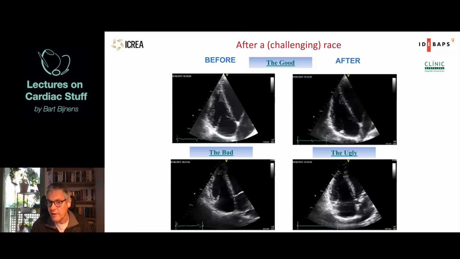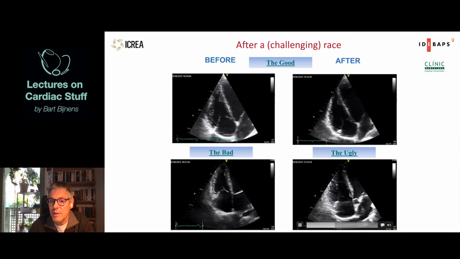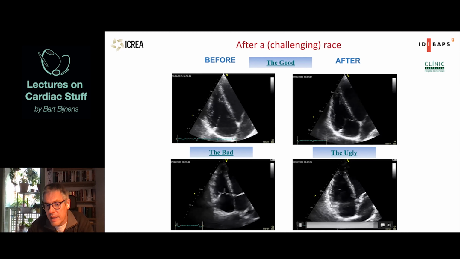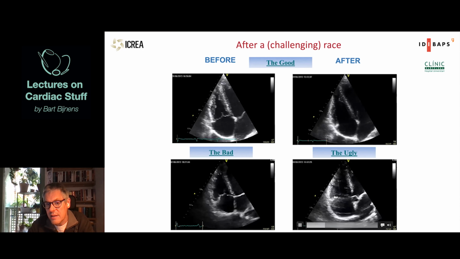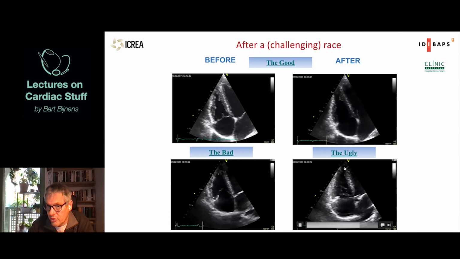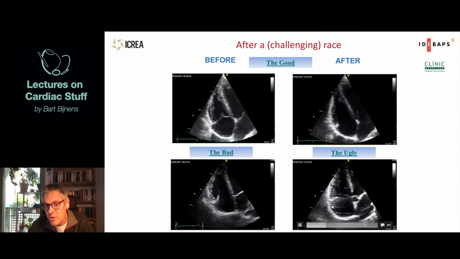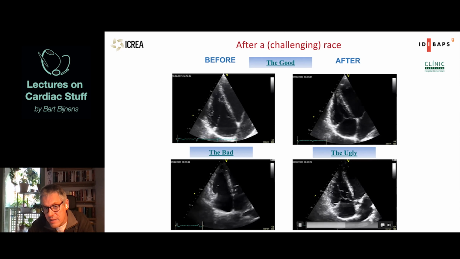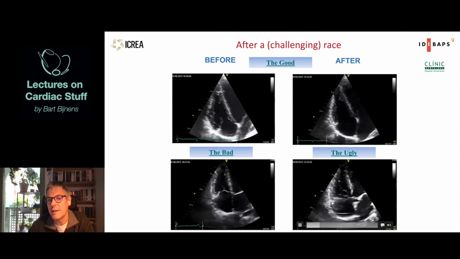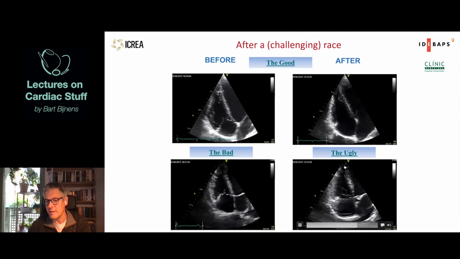Which of course makes TAPSE sometimes difficult to measure, because if you take only the ring displacement and assume that that's the full longitudinal deformation of the ventricle, then that's not correct, because that assumes that the apex is stationary, which clearly it isn't. So even visually, looking at this displacement will be an overestimation of the overall strain, given that the whole ventricle moves a little bit in that direction.